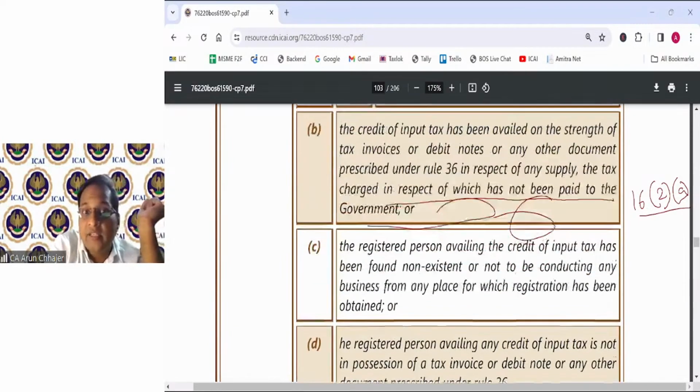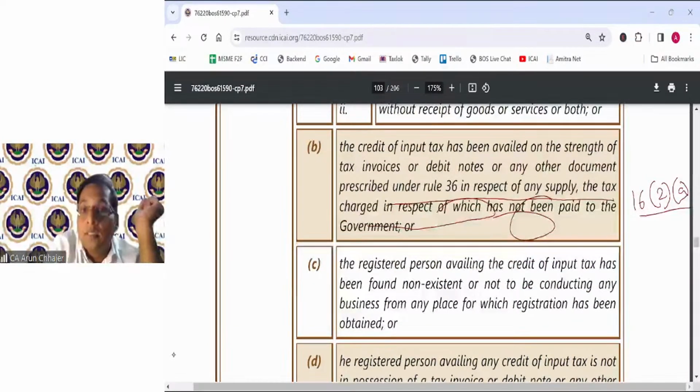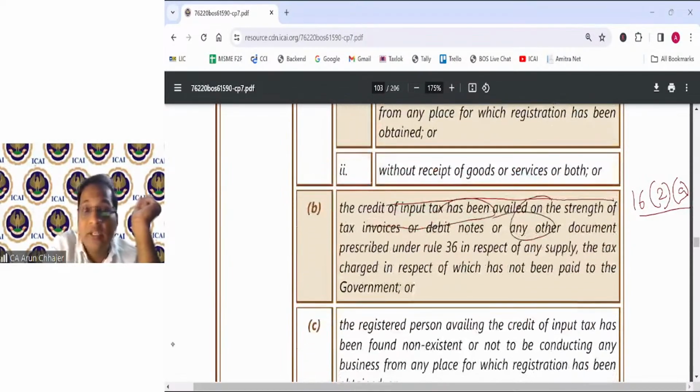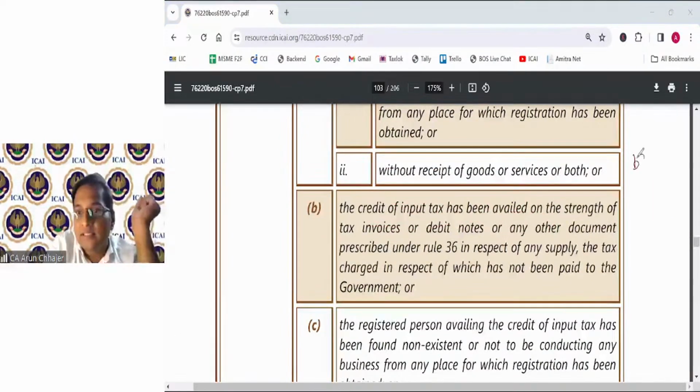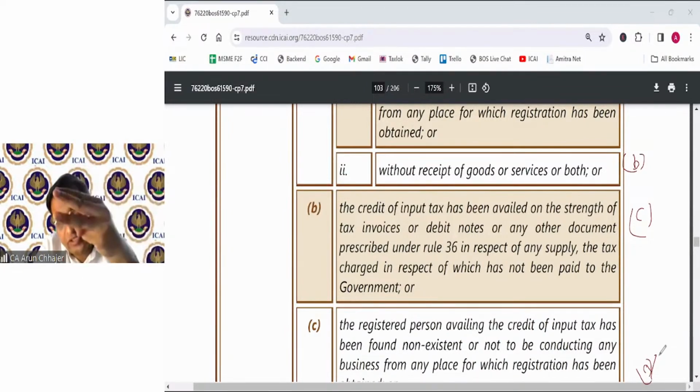Then this condition is 16(2)(c). Correct. This condition is 16(2)(b). It is 16(2)(b), it is 16(2)(c), and the bottom one is 16(2)(a). So I can say three conditions are the same as per section 16 sub-section 2. The rest of the conditions are extra.